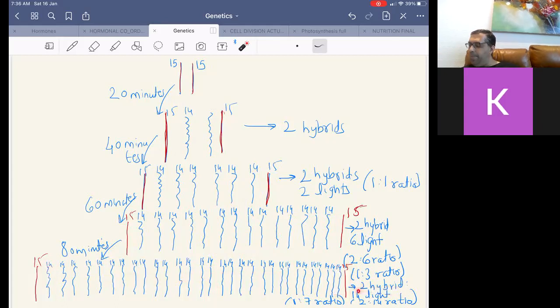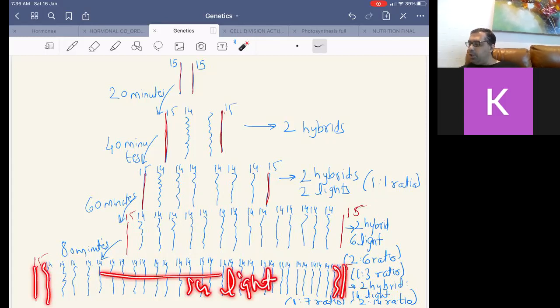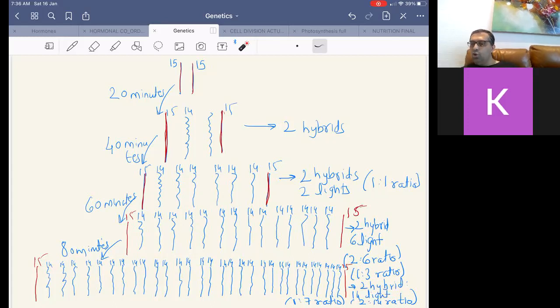So you get 2 hybrids and 14 lights, a ratio of 2:14, which turns out to be 1:7.